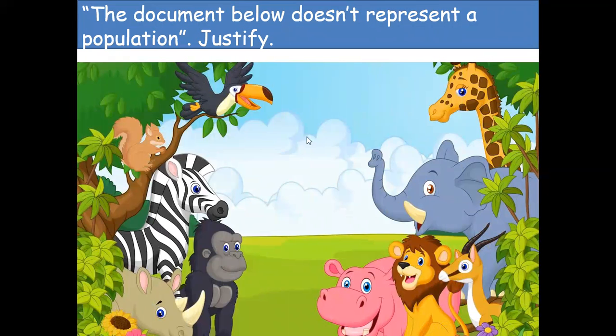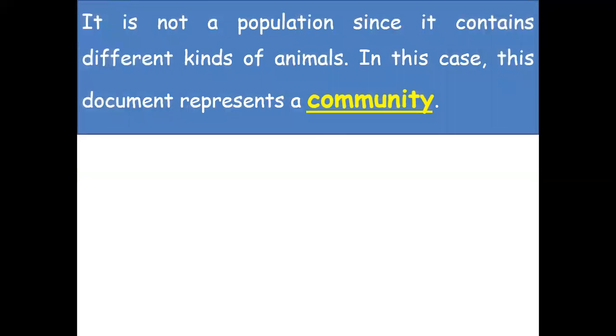Sure, no. We have many different animals like the giraffe, the elephant, the toucan, the squirrel, the zebra, the cheetah, the lion, and many other animals. So here we don't have one single kind of animal. We have different kinds of animals. So it is not a population since it contains different kinds of animals. In this case, this document represents a community.